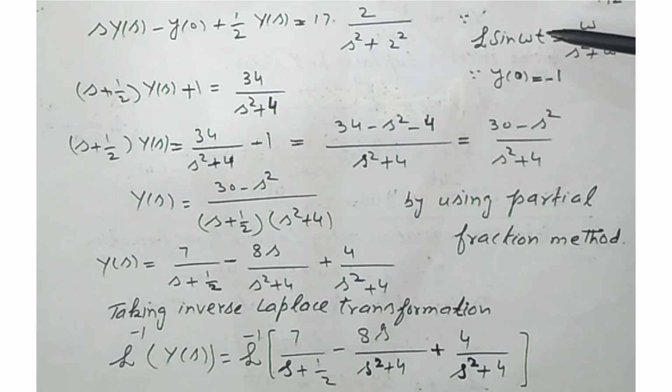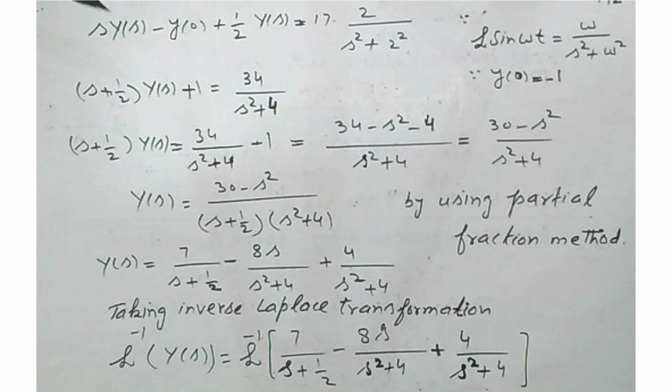Now Laplace of sin ωt equals ω over s² + ω², and y(0) equals -1. So we have Y(s) common from this step. This becomes (s + 1/2) into Y(s), and this is equal to the value of y(0), you know y(0) equals -1.